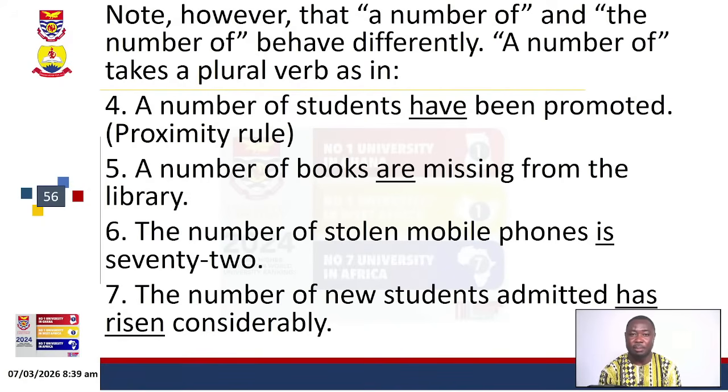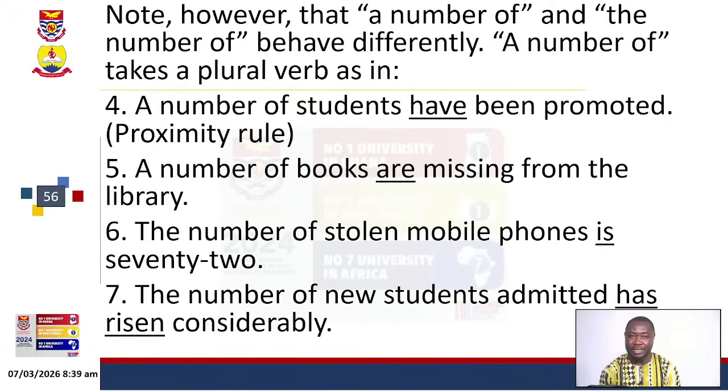So the number of stolen mobile phones is 72. The number of new students admitted has risen considerably.